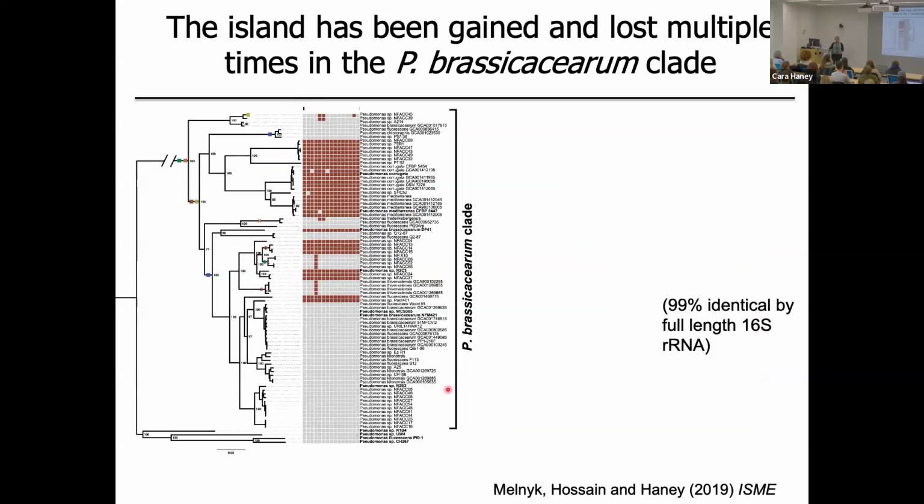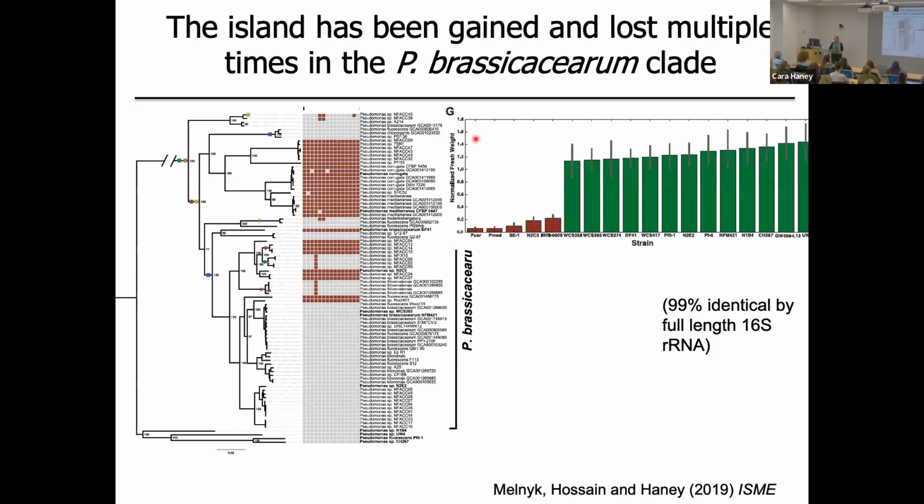So within 99% identity, so one or two ASVs, we see multiple gain and loss events. There was an acquisition here. There's probably an acquisition somewhere around here, but then there were multiple losses that happened as well. And so this is being gained and lost over pretty short evolutionary distances.